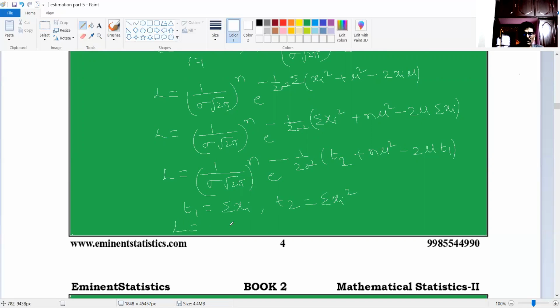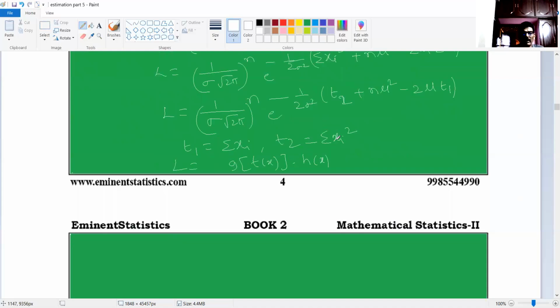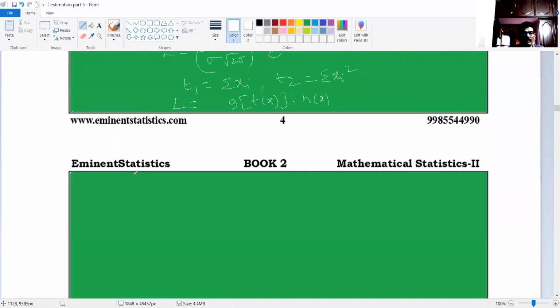L is equal to g of t(x) into h(x), where t(x) is equal to (T1, T2) and h(x) is equal to 1.